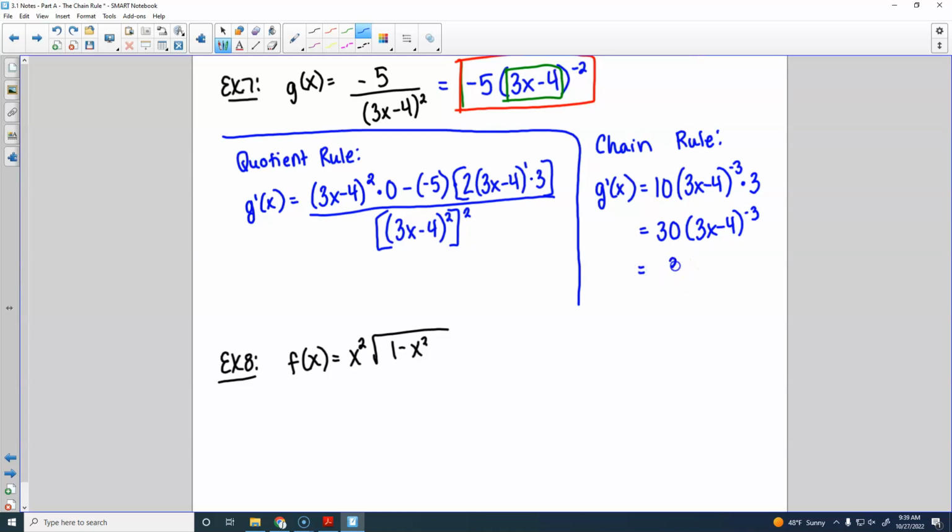And I could write it back as a fraction if I wanted, 30 over 3x minus 4 to the third power. You can see this eventually is going to be 30 over 3x minus 4 to the third. It's going to take a little bit of work to get there, right? Do you guys agree that it looks like chain rule is probably a little easier on this?